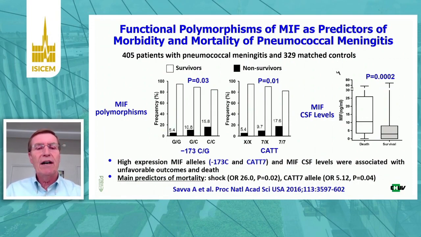On that slide, I showed our own data, trying to go one step further using functional polymorphisms of a pro-inflammatory cytokine gene, MIF, as a predictor of outcome in a subgroup of patients with a well-defined sepsis phenotype, meningitis here, and even more precise, due to streptococcal pneumonia.